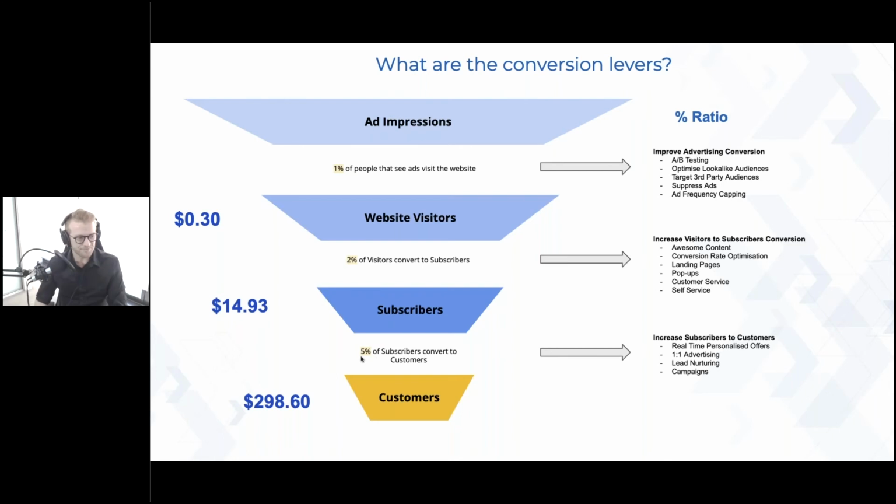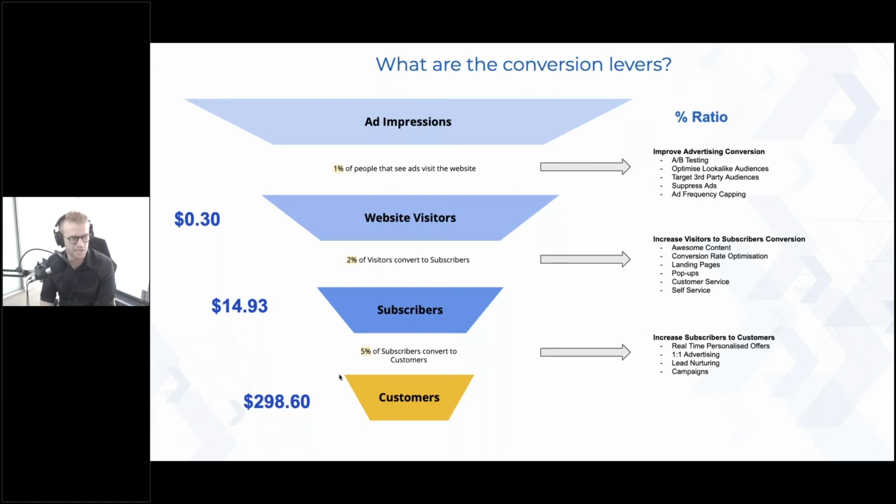Equally, the other lever you have is the ratio of conversion. So this is really where it's exciting, is if I can increase the percentage of people that see my ads, that increases the value of my ad impression. It makes my whole marketing operation more efficient.